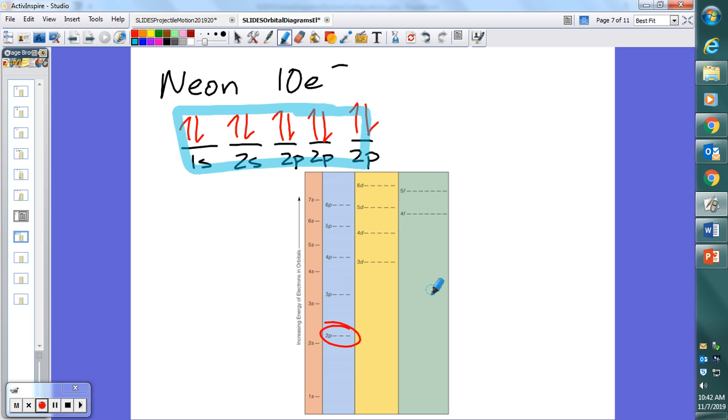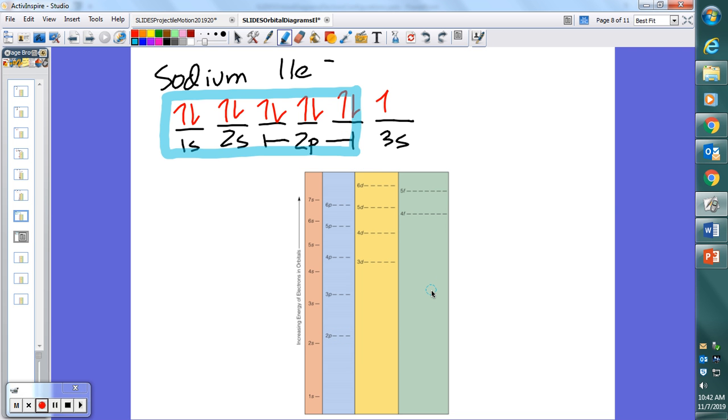With this one, everything in the box we can shorthand represent by putting the symbol for neon within these square brackets, and then pick it up from there.